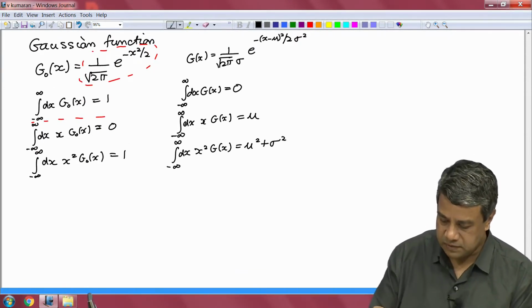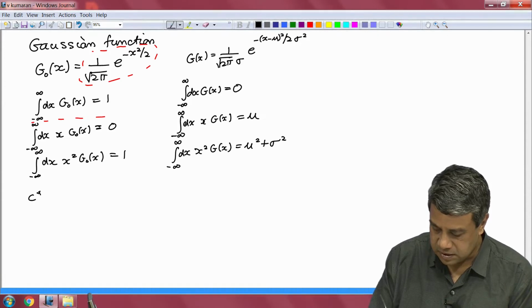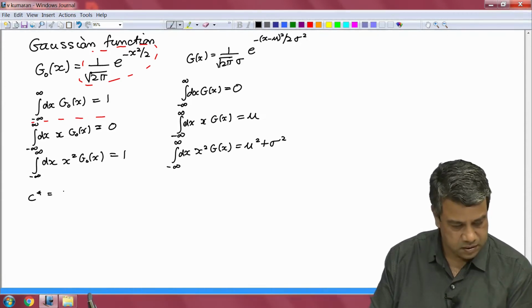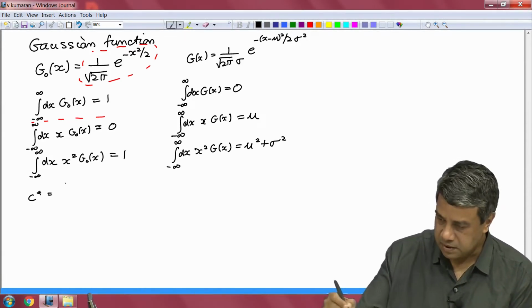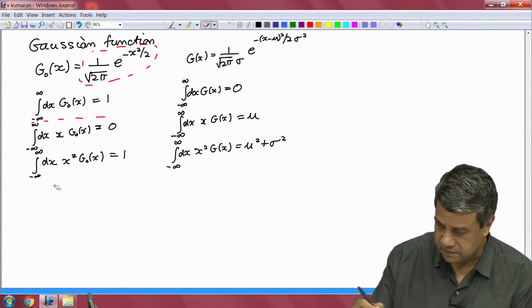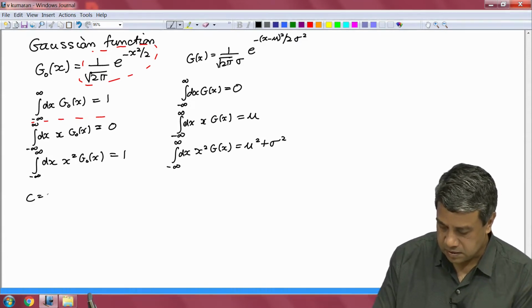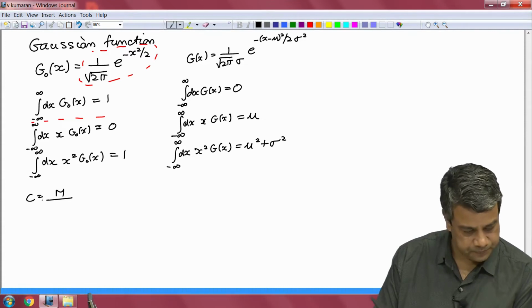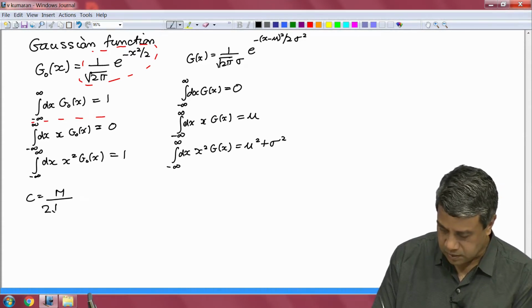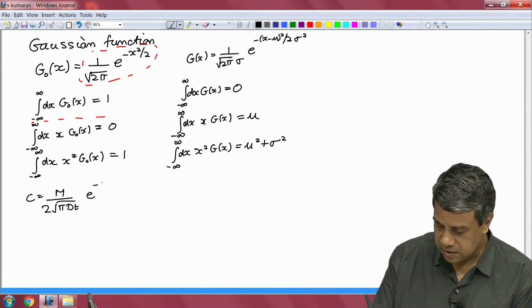The solution we had for the concentration C star, or let me take C itself, C is equal to m by 2 root pi dt e power minus z square by 4 dt.